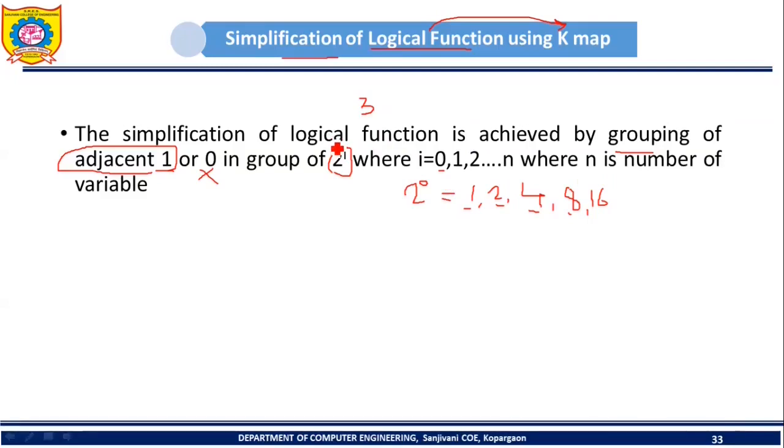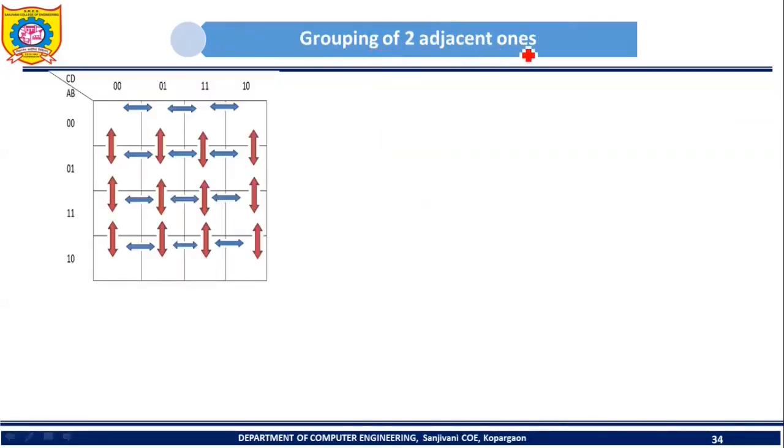Now let's discuss grouping of two adjacent 1s. When we discussed adjacent cells, I told you some general points. Any two horizontally neighboring cells are said to be adjacent to one another. Any two vertically neighboring cells are said to be adjacent to one another.